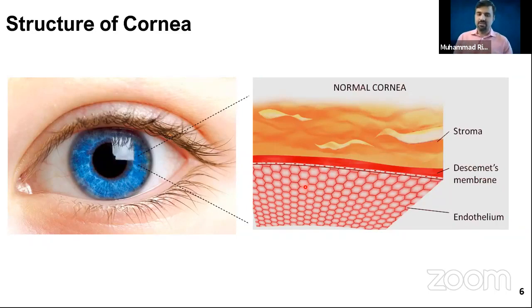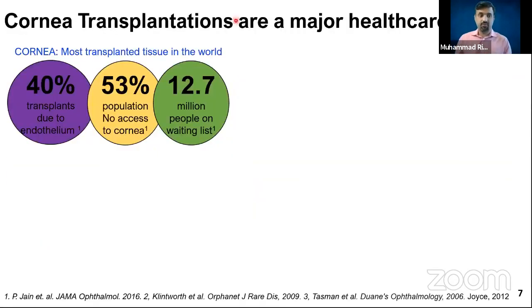So what happens when these cells are damaged? Remember, cornea is the world's most transplanted tissue. It surpasses really any other tissue transplantation. And 40% of the transplants are due to damage of one cell layer in the cornea.